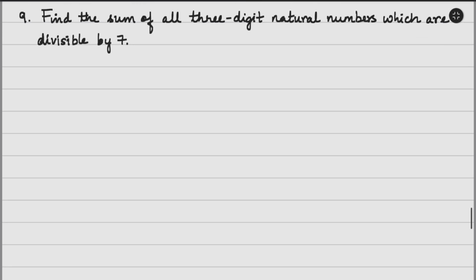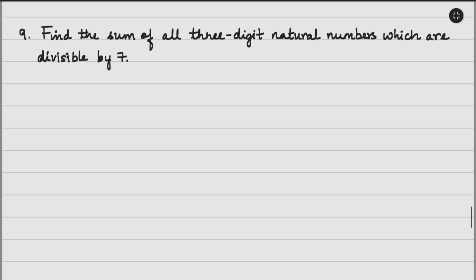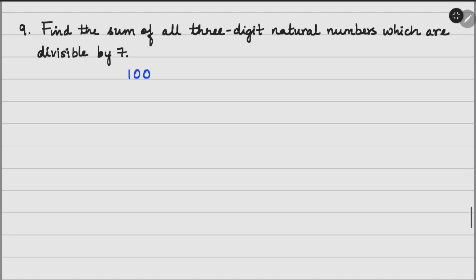Find the sum of all 3-digit natural numbers which are divisible by 7. So all the 3-digit numbers are 100 all the way up to 999.